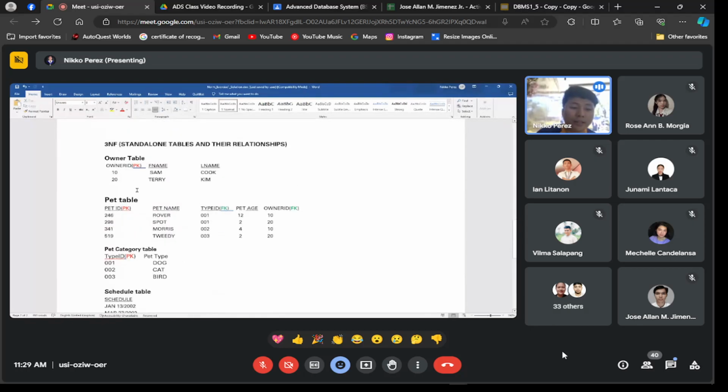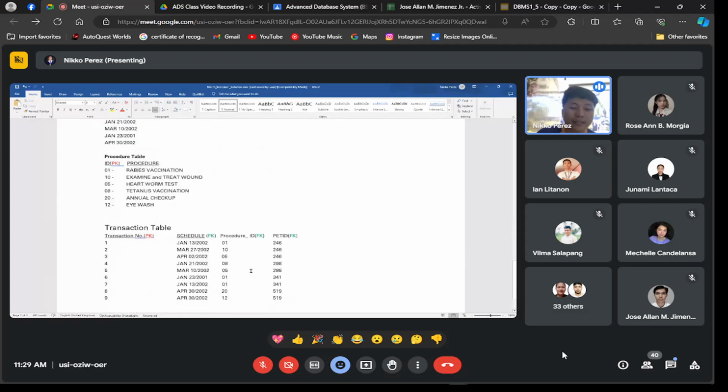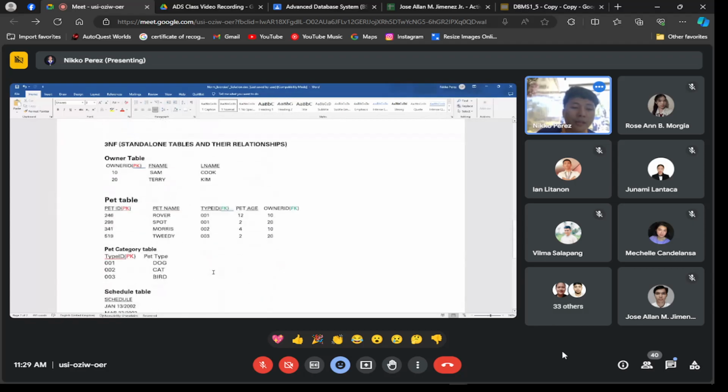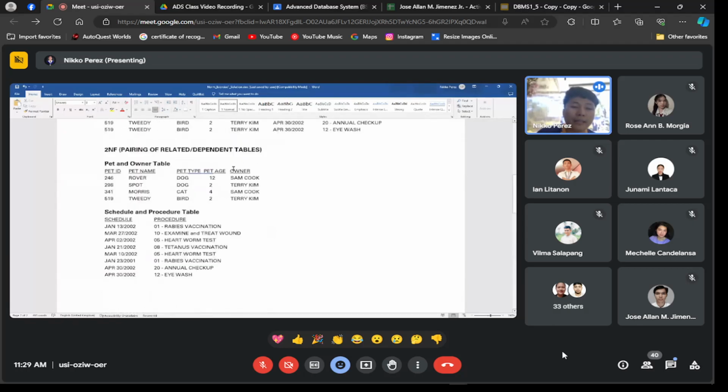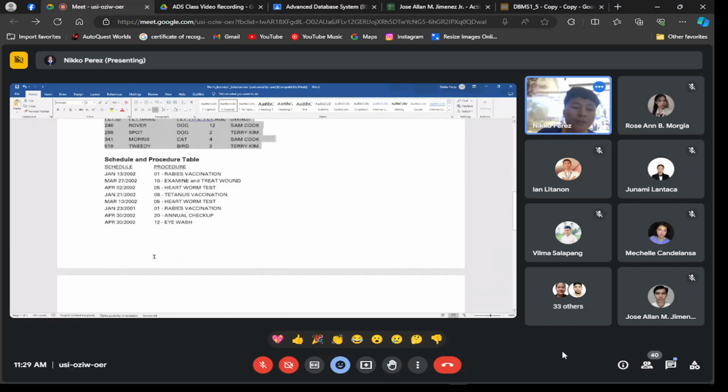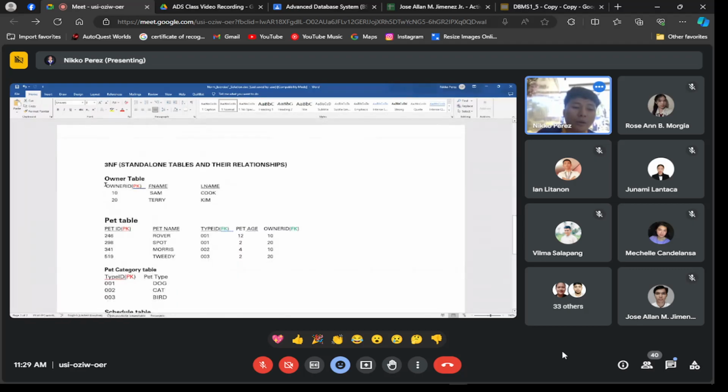Again, let's go back to the third normal form before I discuss the transaction table. So, standalone tables and their relationship. We decompose the table we identified in our second normal form, so it is broken down into three: owner, pet table, and pet category.